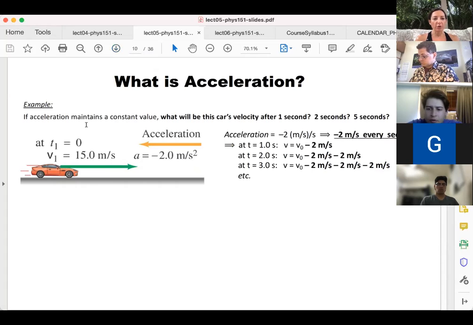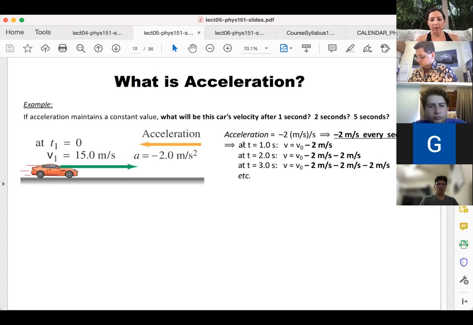Here is an example. If the acceleration maintains a constant value, what will be this car's velocity after 1 second, 2 seconds, and 5 seconds? The acceleration here is -2 meters per second squared, which means that the velocity is decreasing by 2 meters per second every second.